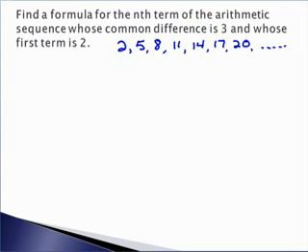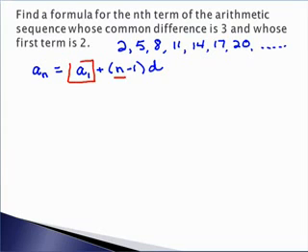Well, if I go back and grab the formula that we just came up with, that says you take the first term plus the number of the term minus 1 times d. So when we write a formula for the nth term, we keep the n in there. So we have to replace the a sub 1 and the d with numbers, but the n stays in there.